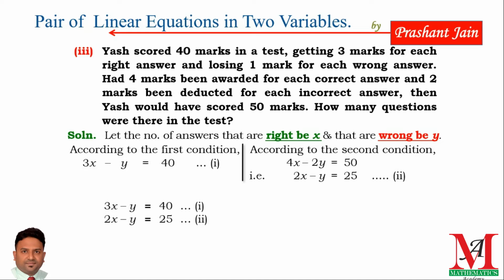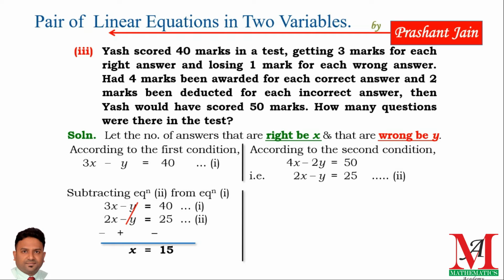After changing the sign we get minus, plus. So if we do the solution, these two cancel each other. 3x minus 2x becomes x, and 40 minus 25 becomes 15. So the value of x is 15.